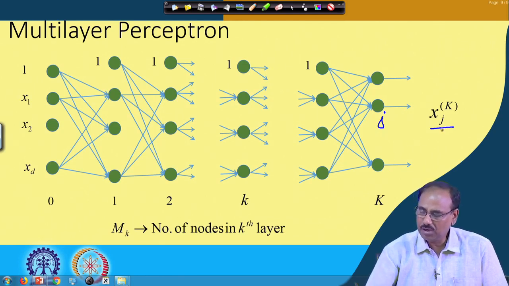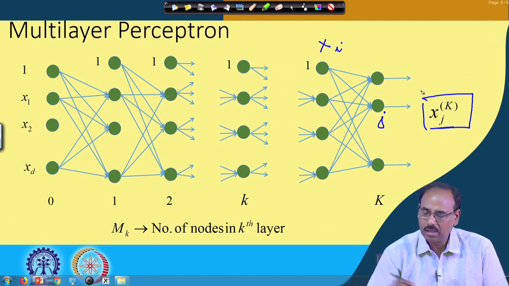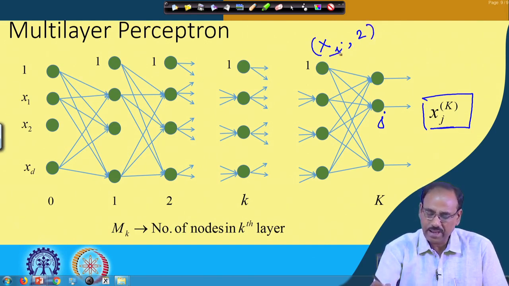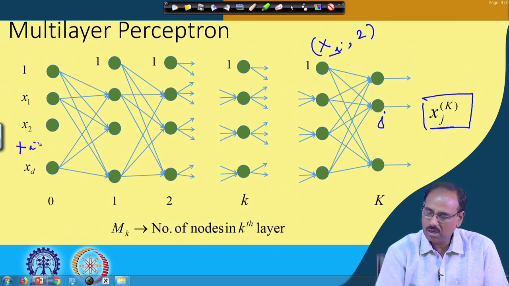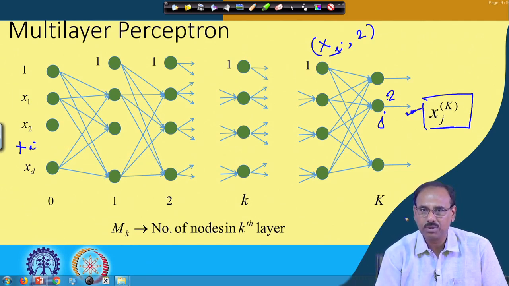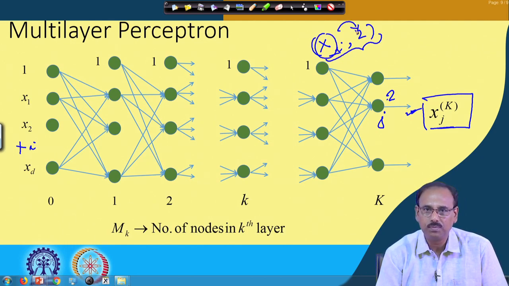Given a training vector x_i, only at the output do I know what the corresponding output should be. If the training pair is (x_i, 2), then when x_i is fed to the input, the output of the second node should be high. The outputs of all other nodes should be 0, because my training pair says this vector belongs to class 2.